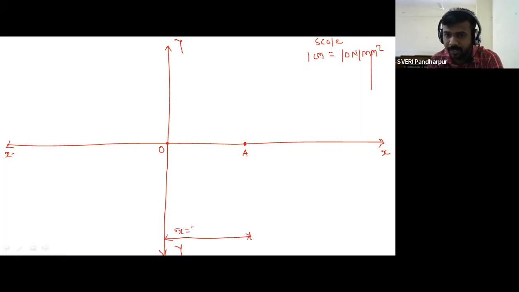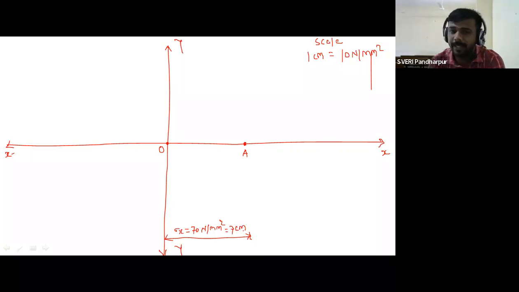So sigma x is equal to 70 Newton per mm square, which is equal to 7 centimeter. So this is the point A. The point A represents the position of sigma x from the origin point. It is positive, therefore it is represented at the right side of the origin.